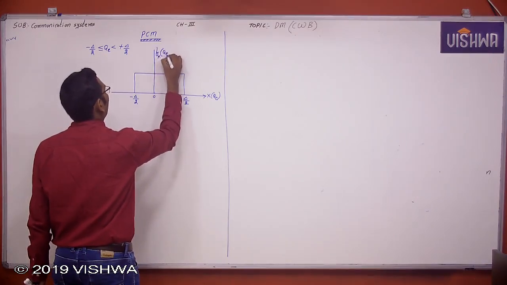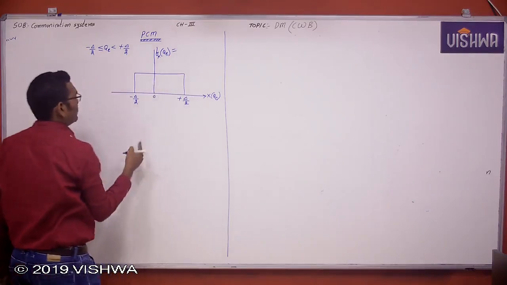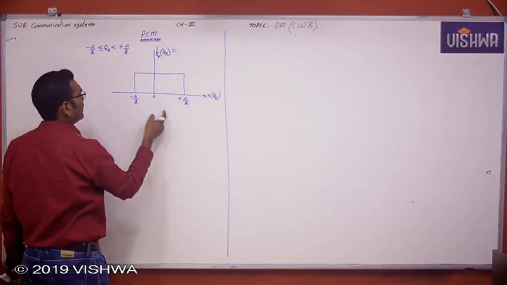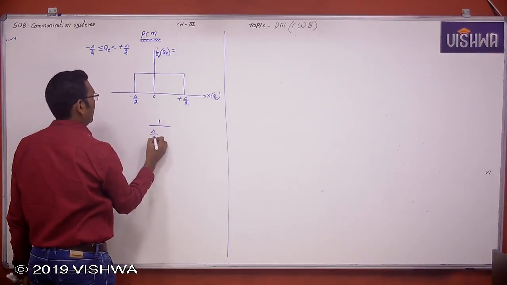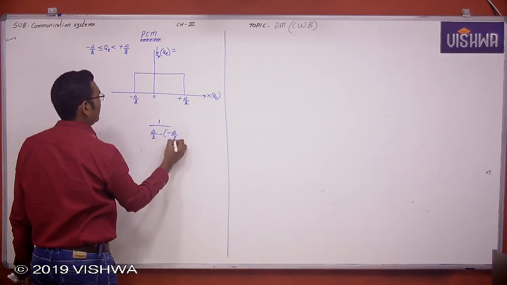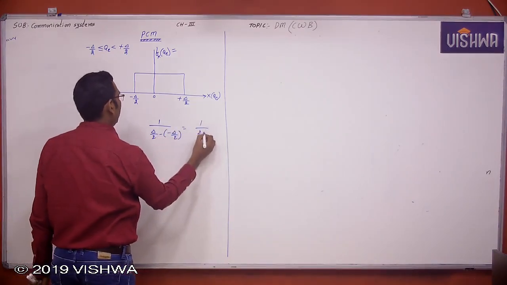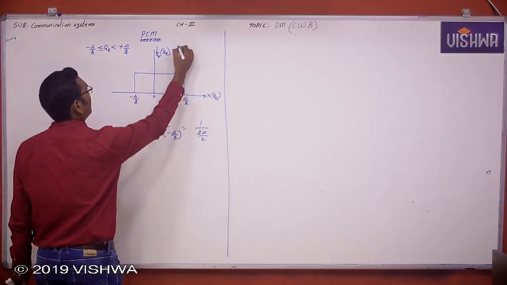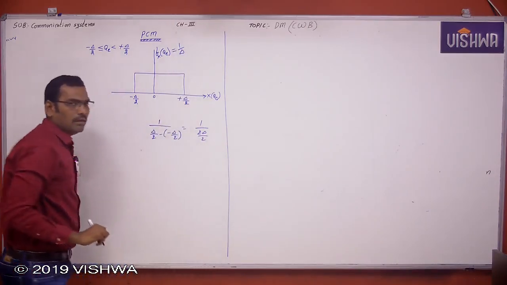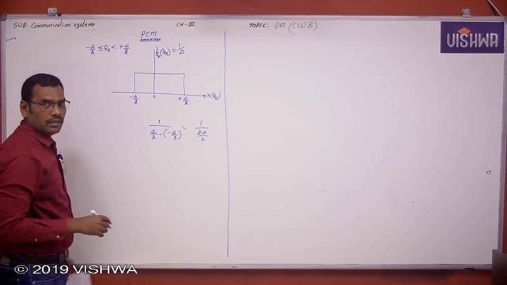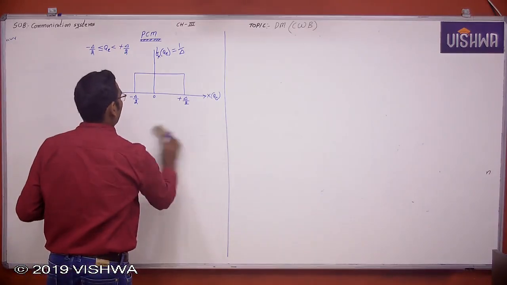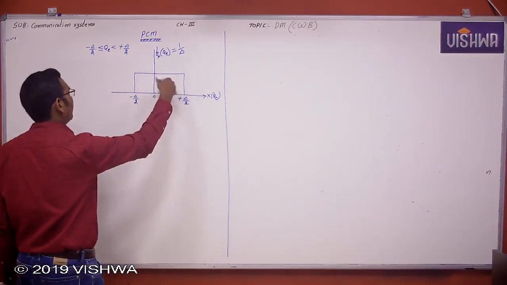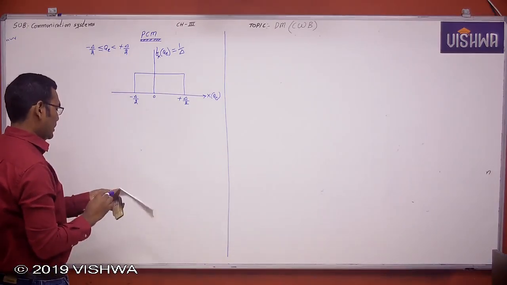For a uniform quantization, what is the probability density function? 1 by (b minus a), 1 by (delta by 2 minus minus delta by 2), which is equal to 1 by 2 delta by 2, therefore 1 by delta. Right? Now this is the quantization error which is uniformly distributed. This is the uniform distribution, you know the distributions and all these things, right?